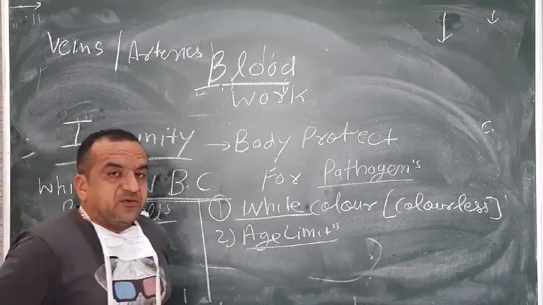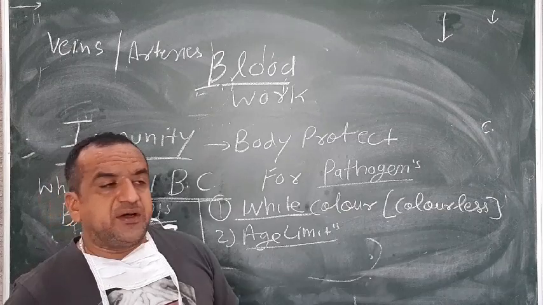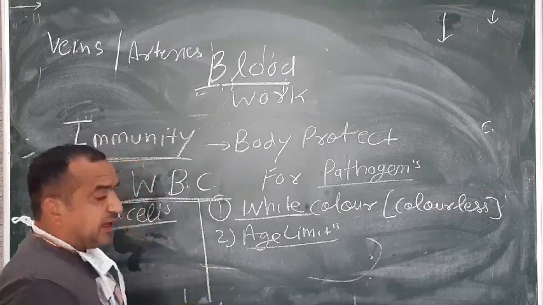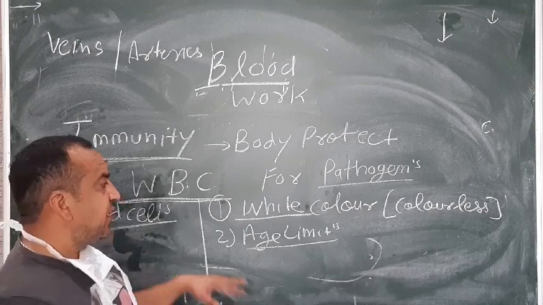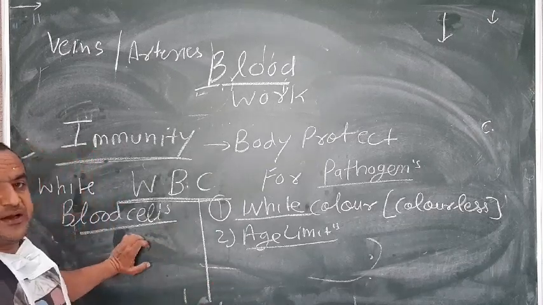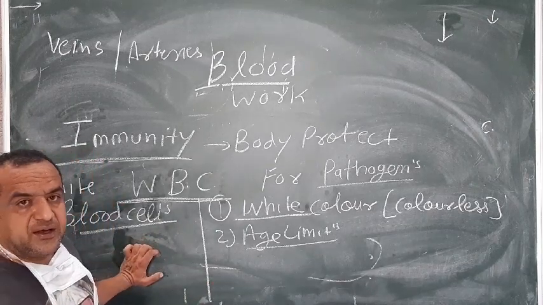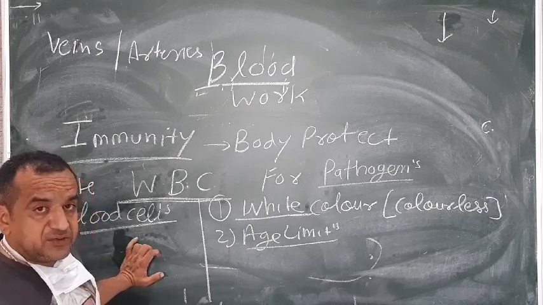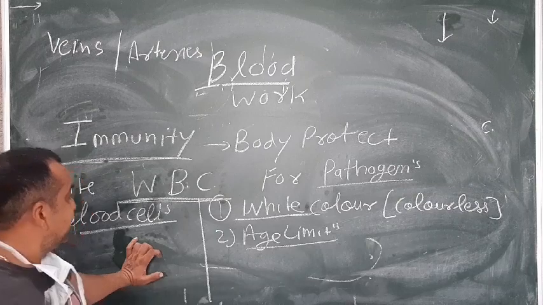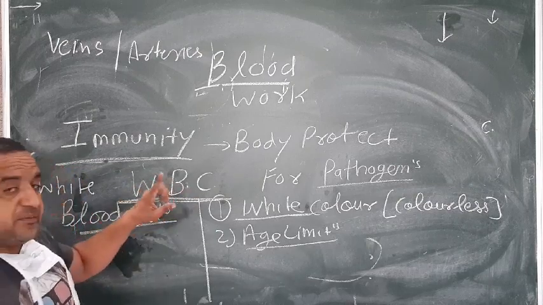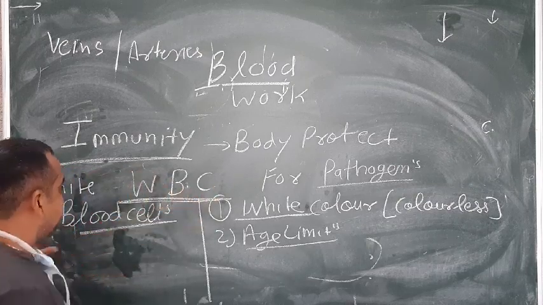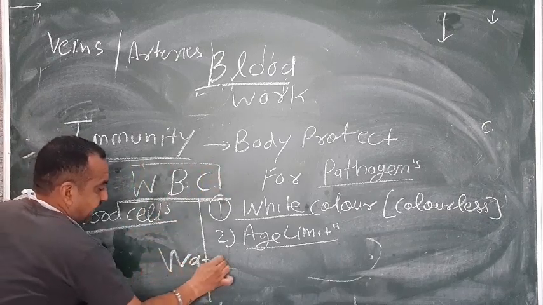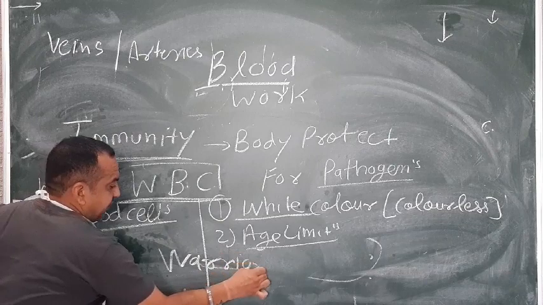Because whenever no pathogens enter my body, we are in a healthy position, and the white blood cells do no work. But when any pathogens enter my body, the first primary warrior of our body, WBC, is known as the warrior.